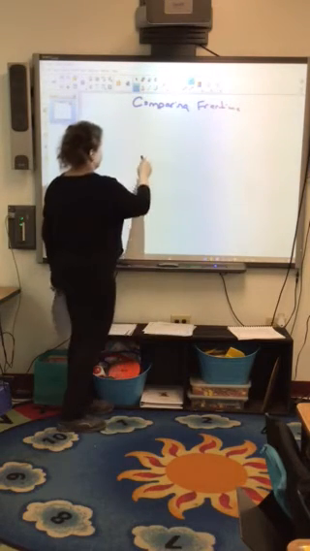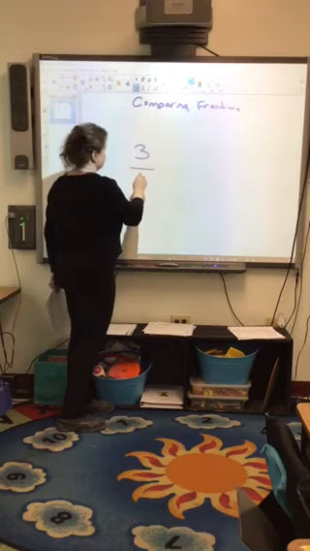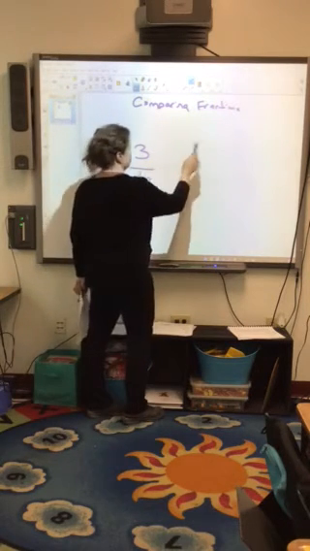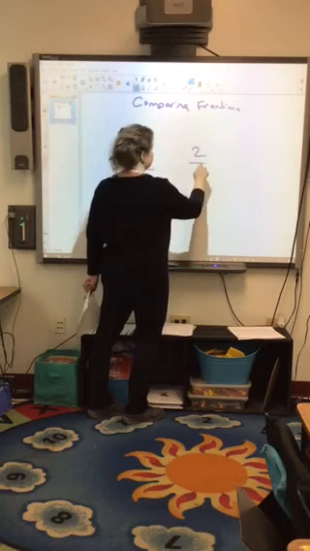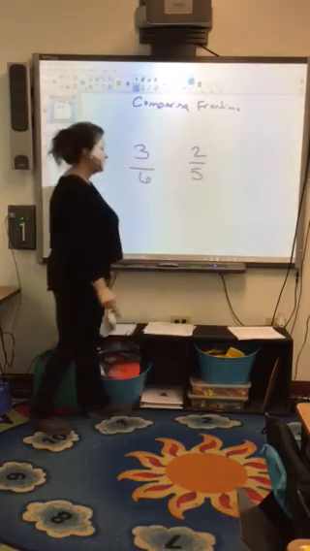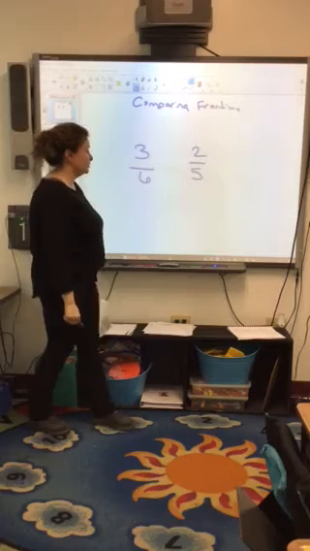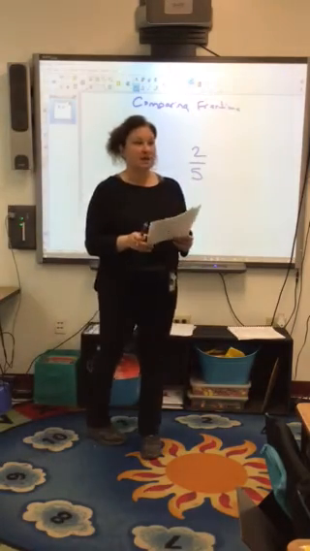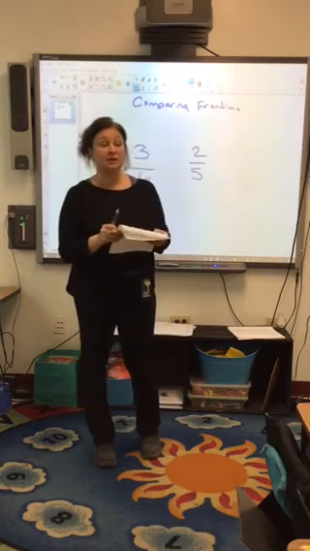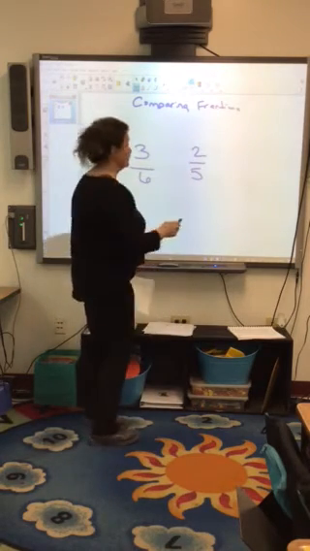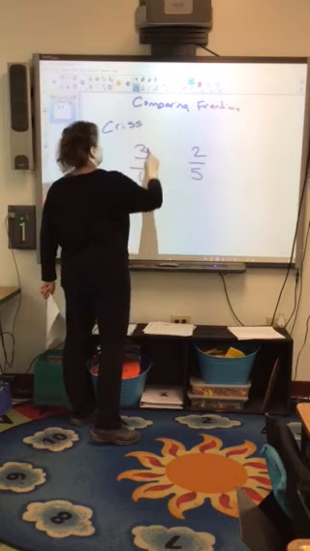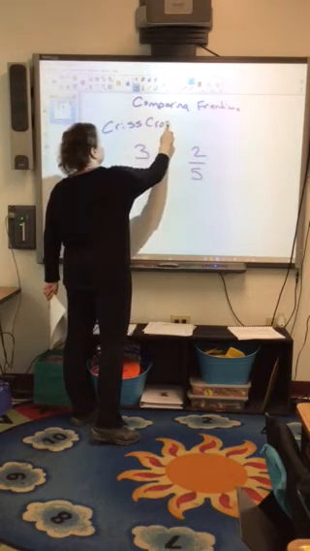Now let's compare 3/6 to 2/5. So I want to compare 3/6 to 2/5. And remember that using crisscross is what I like for you to always do to check your answer.